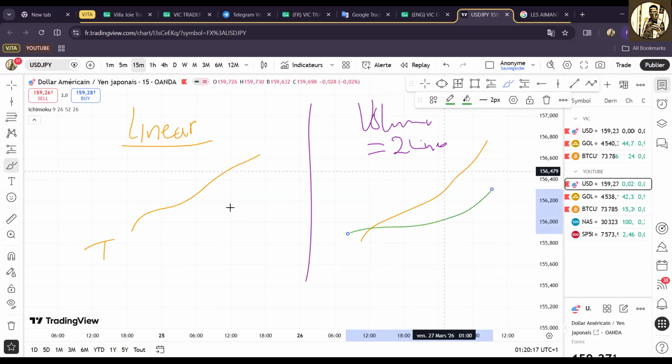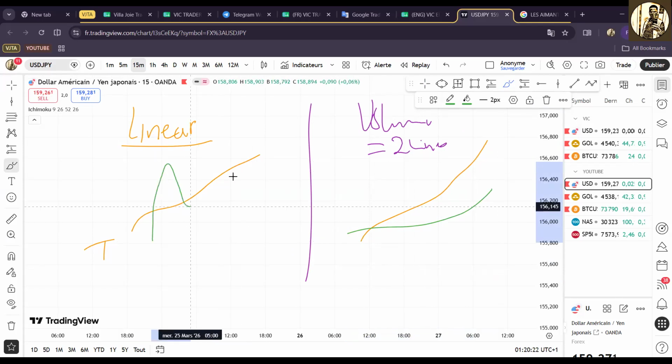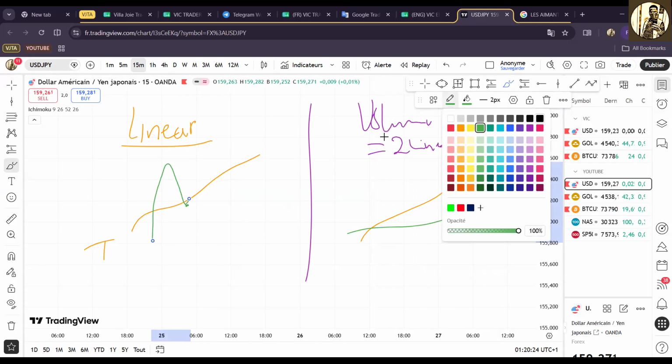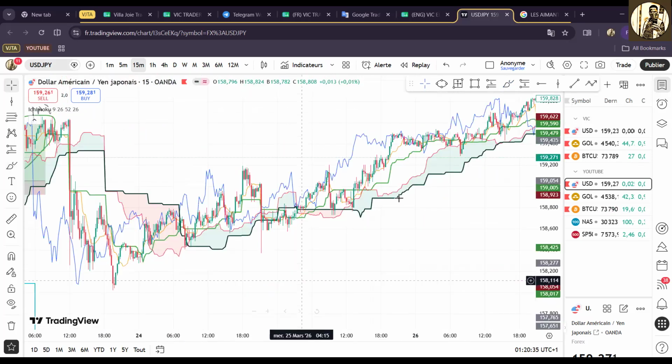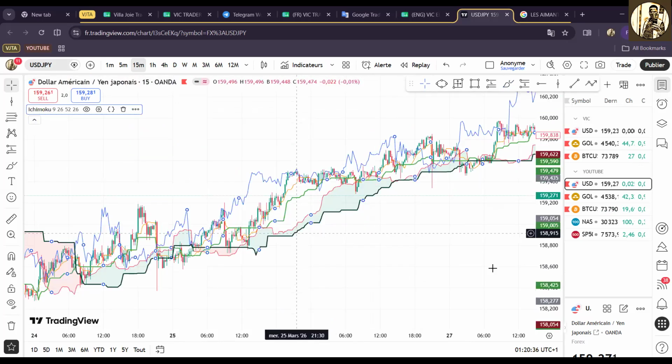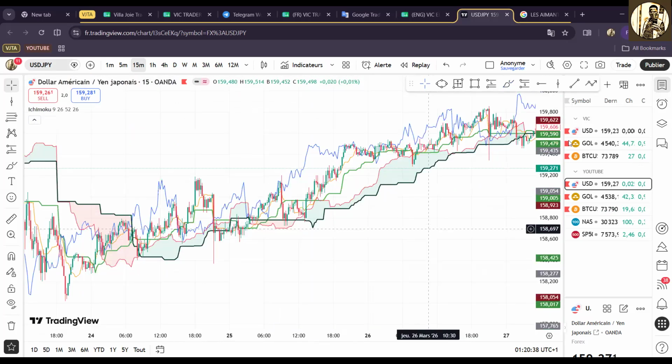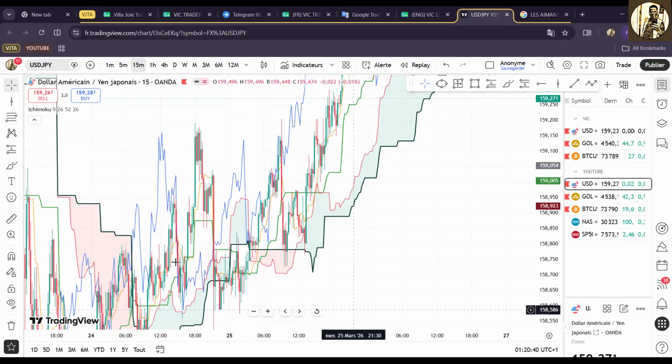Okay. Now, sometimes the price moves and the first touch of Tenkan here gives you a very good entry. For example, the first touch of Tenkan to the upside. You see, we are here in 15 minutes.